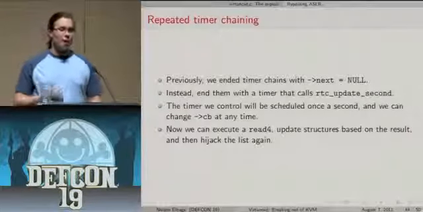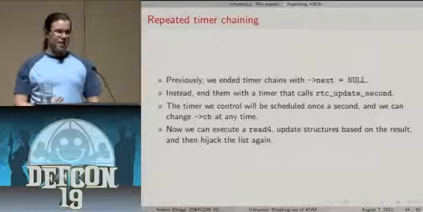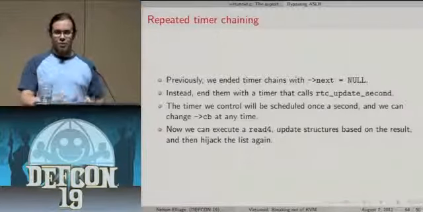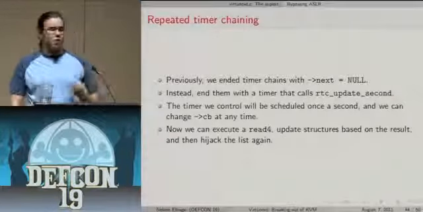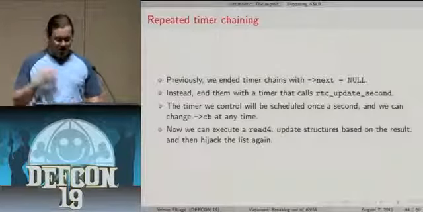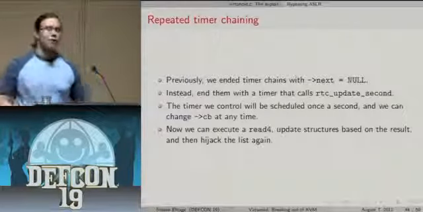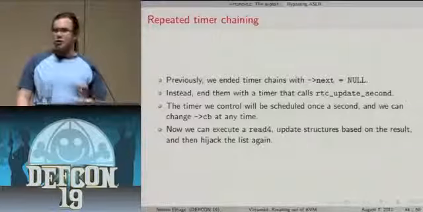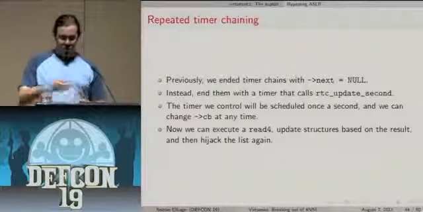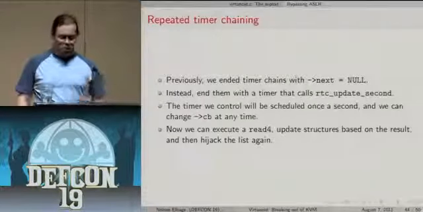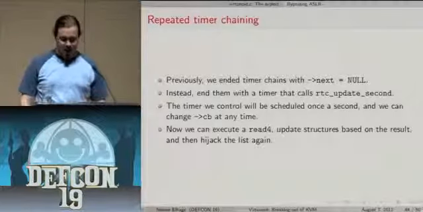But until then, the host returns to the guest context. The guest can do arithmetic, do computation, glue bits together based on that read, and then 1 second later, we'll jump back into another set of gadgets. And so we use this to chain multiple timer chains, one after another, with guest execution in between.